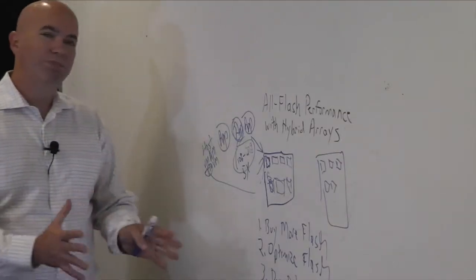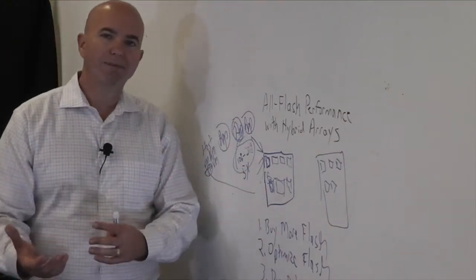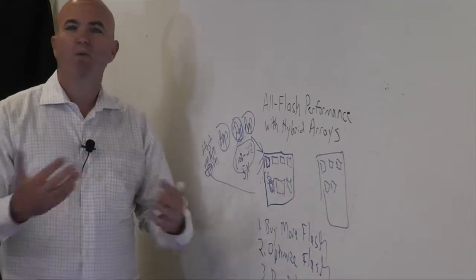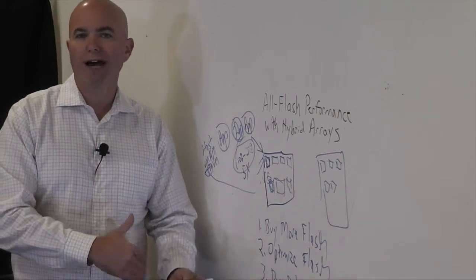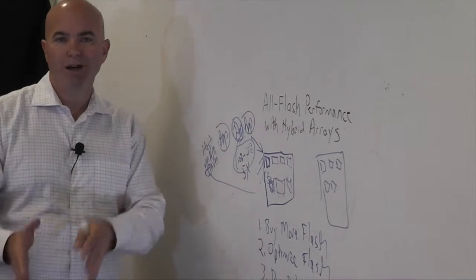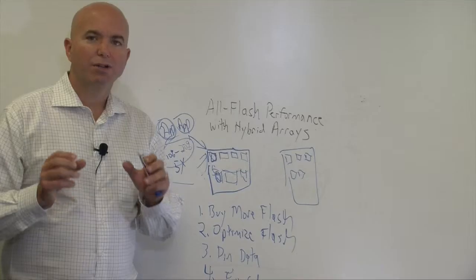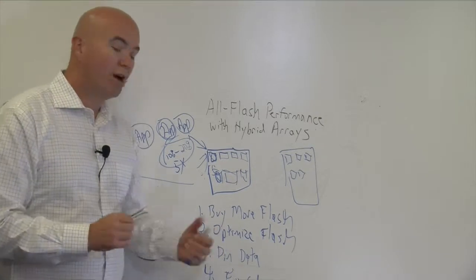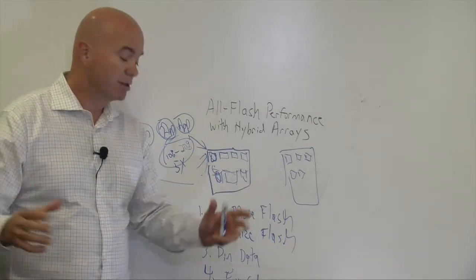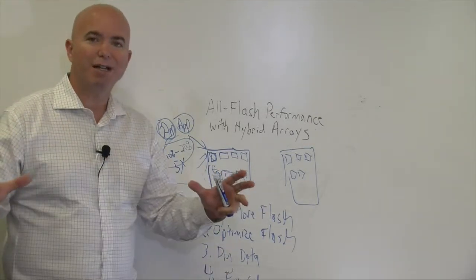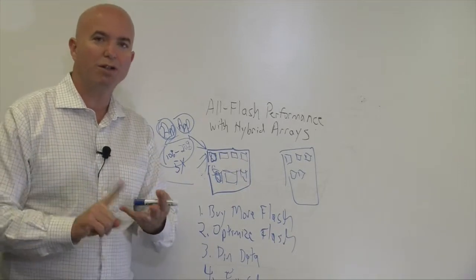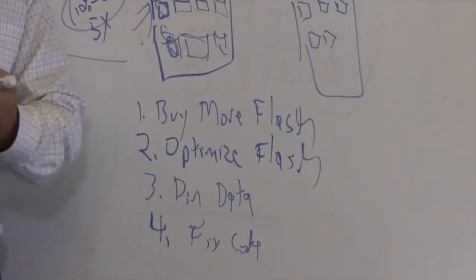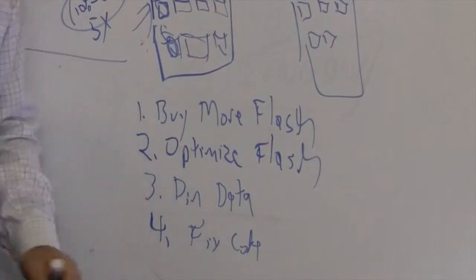So that's the big thing with performance and hybrid arrays. It's not necessarily what my performance is going to look like on a cache miss, it's how I can prevent a cache miss. To prevent a cache miss, there are 4 key things to look for. Number 1 is to buy bigger flash areas. Number 2 is to optimize the flash capacity with deduplication, compression, thin provisioning, writable snapshots, or cloning.